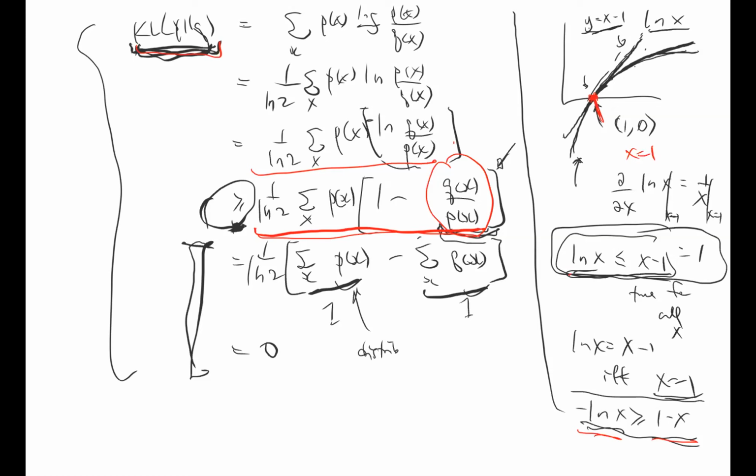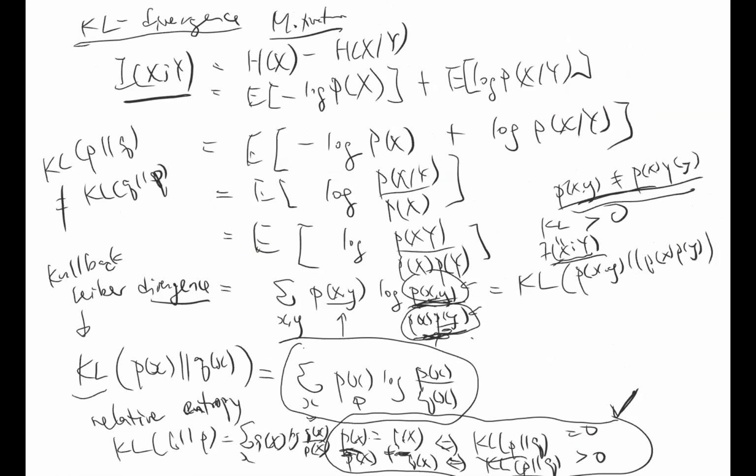So let's go back to what we have discussed. Now we don't need to argue, because we actually have a mathematical proof that the mutual information is non-negative, and it is equal to 0 only when the variables are independent.